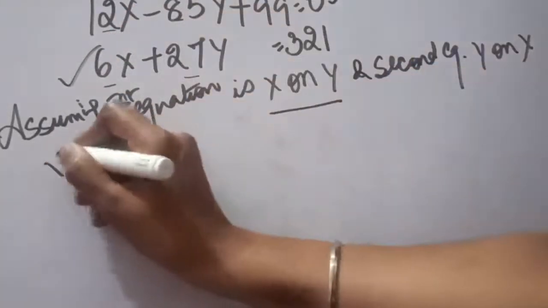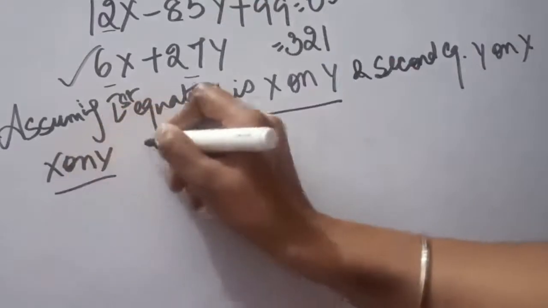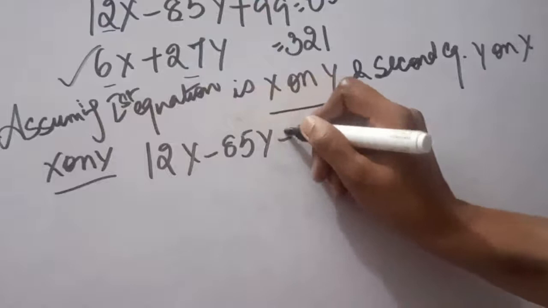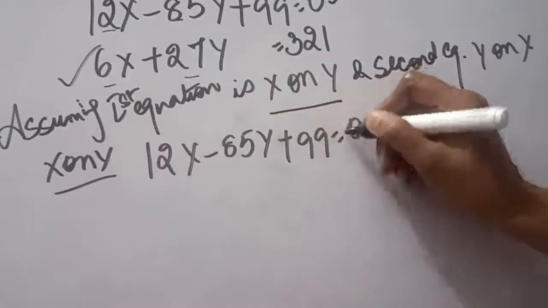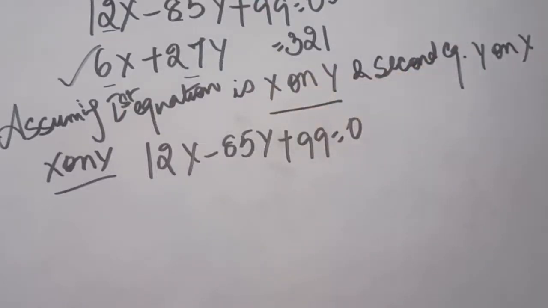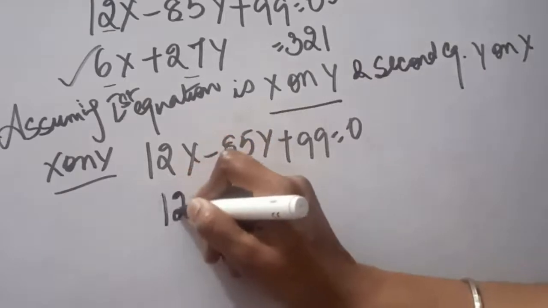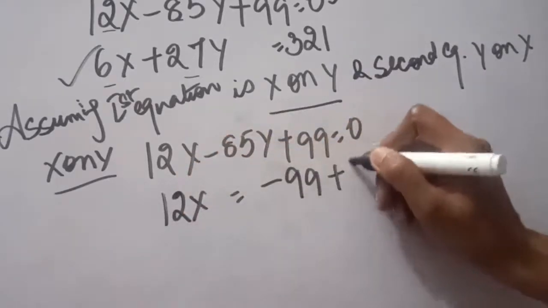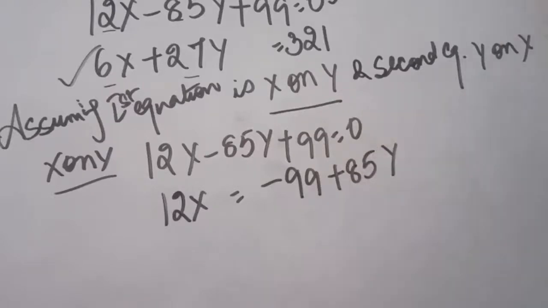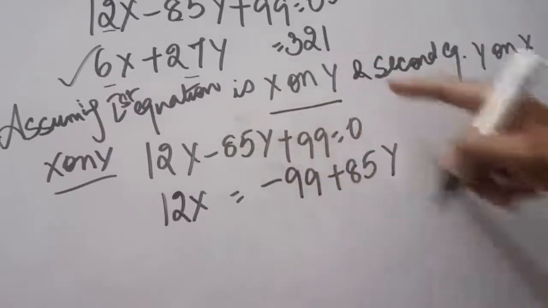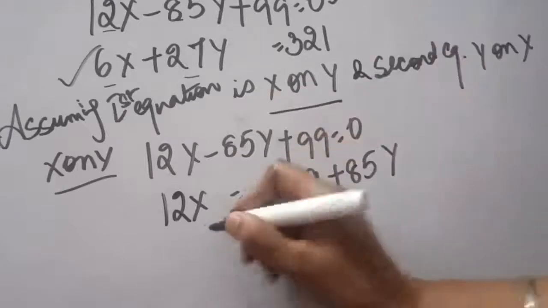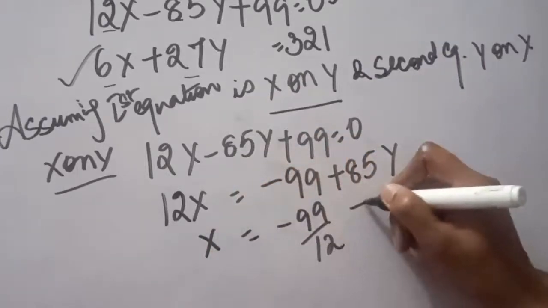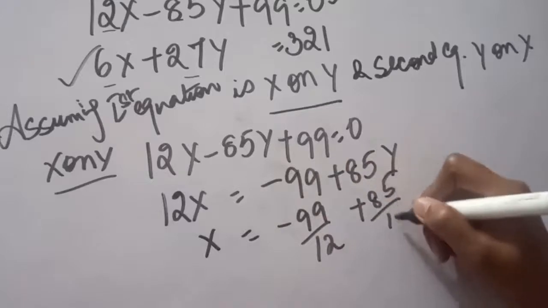So my x on y equation according to my assumption is this: 12x minus 85y plus 99 equals 0. So if this equation is x on y, only x will remain on the left hand side, and everything else will go to the right hand side. 99 has gone, 85y has gone. Only x will be remaining. So it will be minus 99 by 12 plus 85 by 12y.